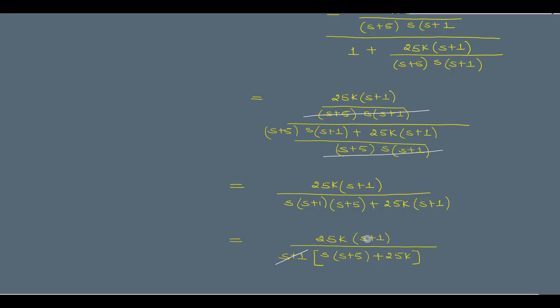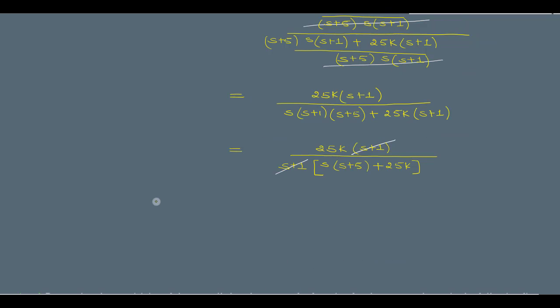So again you can cancel this S plus 1 and this S plus 1. So finally the closed loop transfer function T of S for the given unity feedback system is 25K upon S into S plus 5 plus 25K.